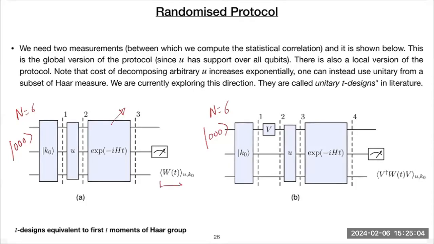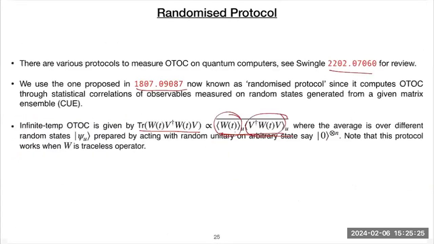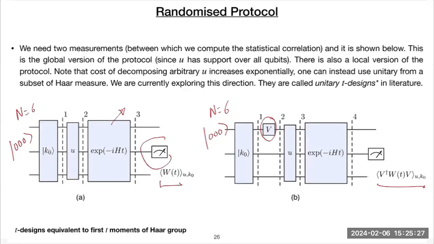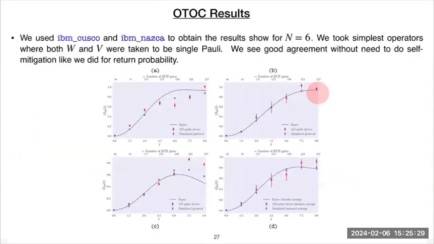If you want to measure V dagger W(t) V, we just insert an operator before applying the unitary, just after the state creation. And once we measure this, this will give us the expectation value of this. So now we have one measurement from here, one measurement from here, and you compute the correlation between these two, and that is an approximation of the OTOC, right? So that is what we did.